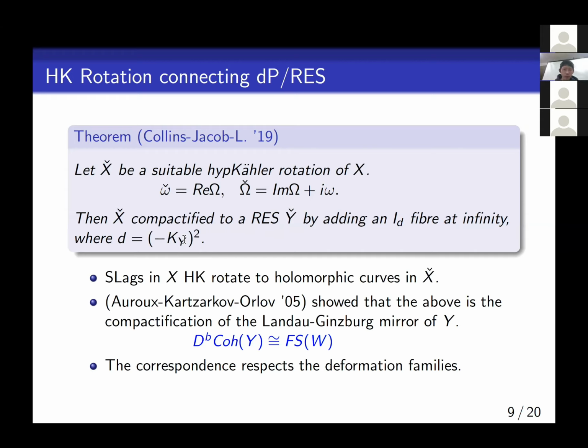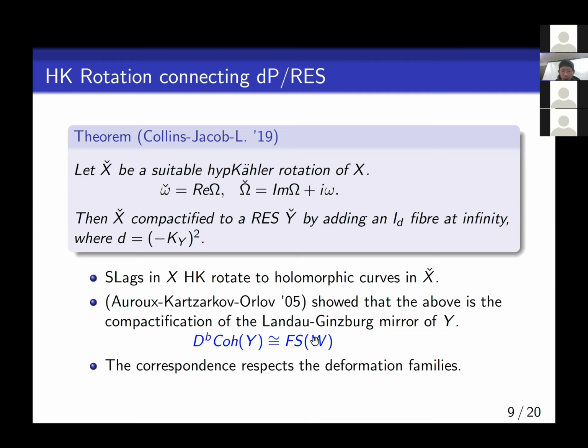Now the symmetry seems more related, because in the work of Auroux, Katzarkov, Orlov, they proved that on one side, one considers the del Pezzo surface and the derived category of coherent sheaves on del Pezzo surfaces. On the other side, they write down the mirror superpotential, and they consider something called the Fukaya–Seidel category.